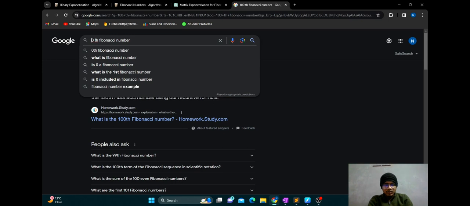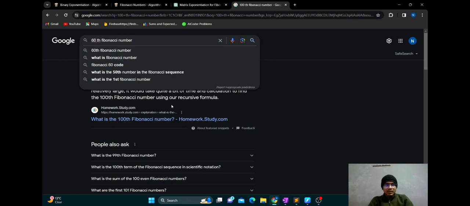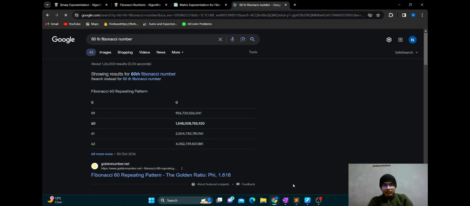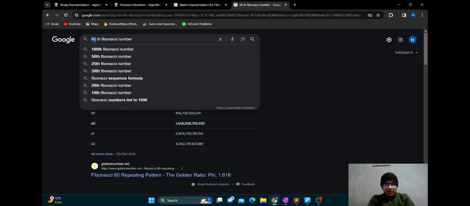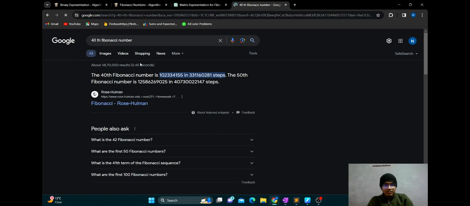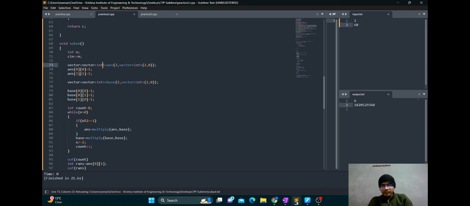Let's see what the 60th Fibonacci number is. The 60th Fibonacci number is also very large. Let's look at the 40th Fibonacci number. Yeah, the 40th Fibonacci number can come in this.